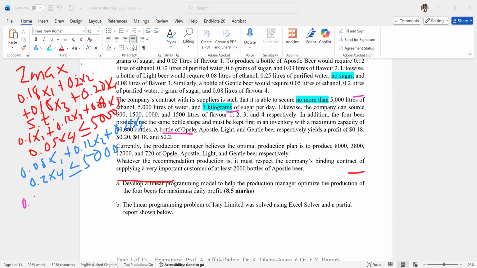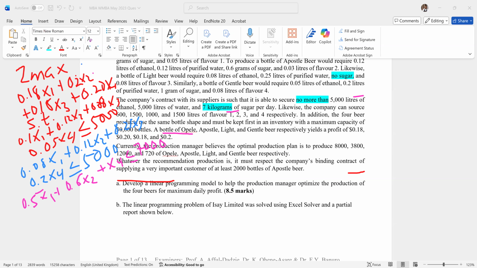The rest are all fine, but it's this particular one. So let's write it again, according to that principle. You have 0.5 x1 plus 0.6 x2. You leave the x3 because there's nothing on x3. Then you have 1 x4 or simply x4, less or equal to 7,000. And that's good because you've changed the 7 kilograms to grams.